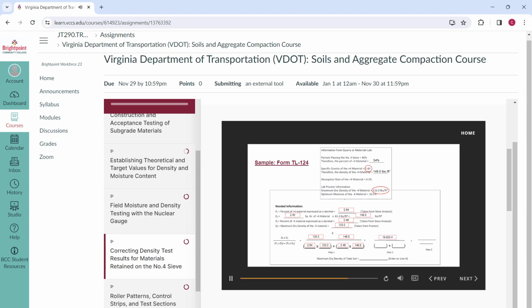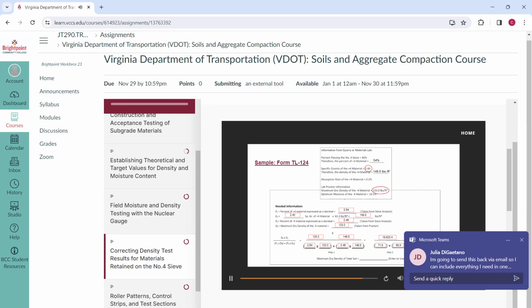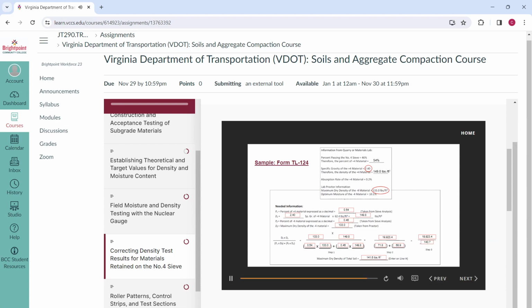We can work these problems out. The numerator becomes 19,923.4, and the two parts of the denominator become 71.8 and 68.9. When we add the two parts of the denominator together, we get 140.7. And when we do the division, we find that our maximum dry density is 141.6 pounds per cubic foot, and this can be entered into row H of our TL124.